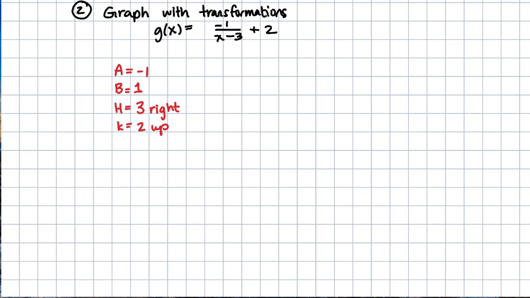Okay, and then tracking each step of the transformations, we need to start with points on my parent. My parent function for all of these rational functions in this form is going to be the parent 1 over x. So 1 over x is going to have 2 asymptotes to keep track of at x equals 0 and y equals 0.